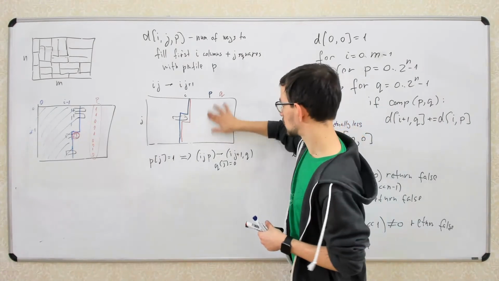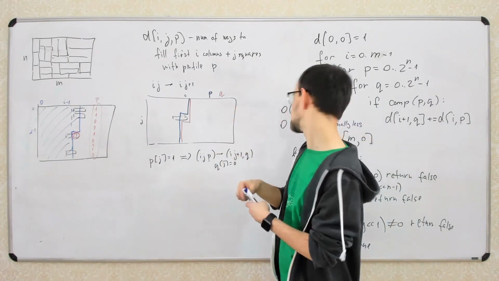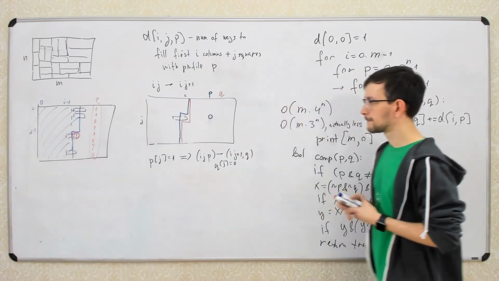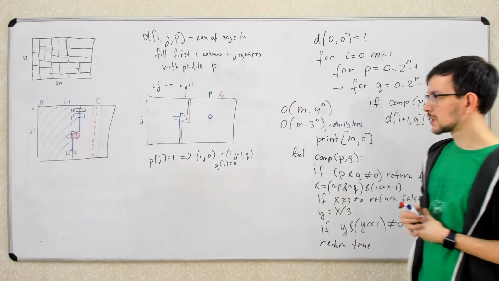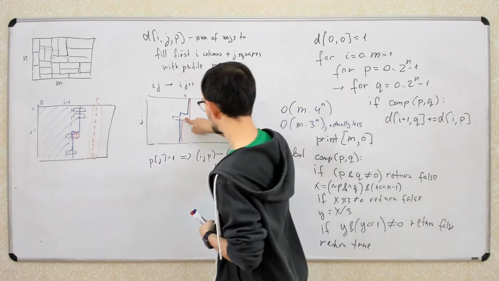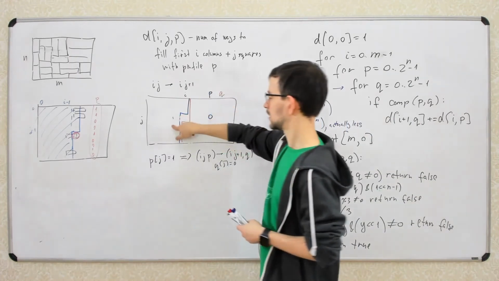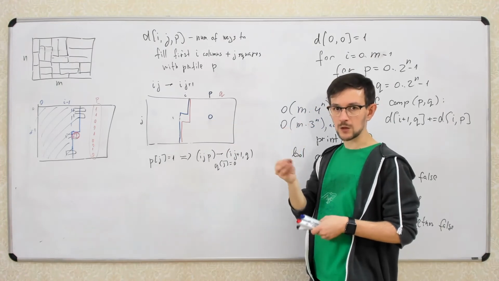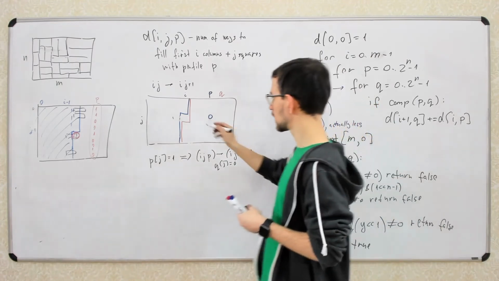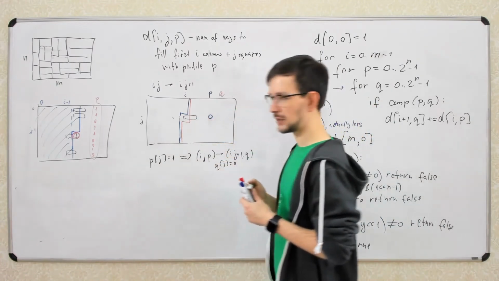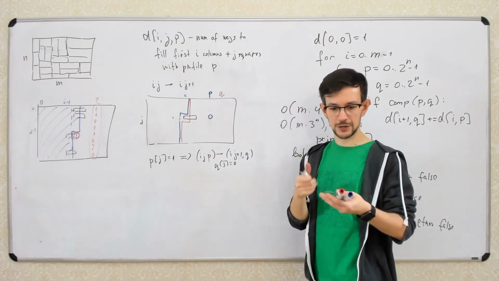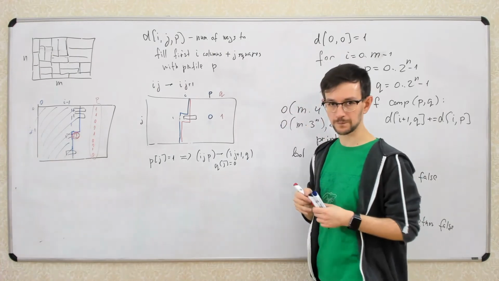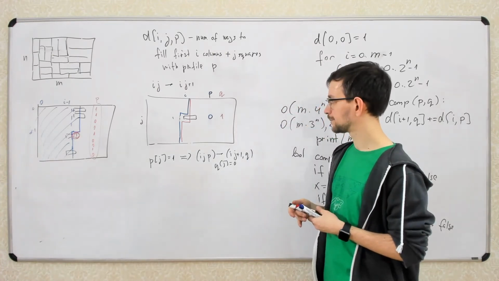If this bit is 0, it means that this square is empty. So this square is empty, so we need to put some tile in this square. There are two possible cases. We can put a horizontal tile. If we put a horizontal tile here, then we'll have 1 in profile Q, right?